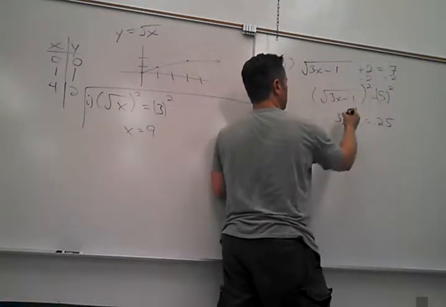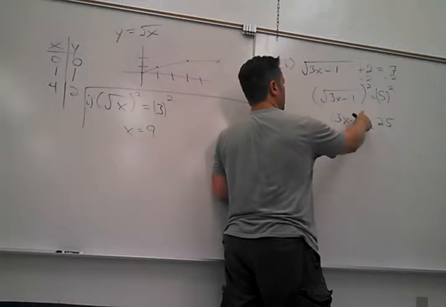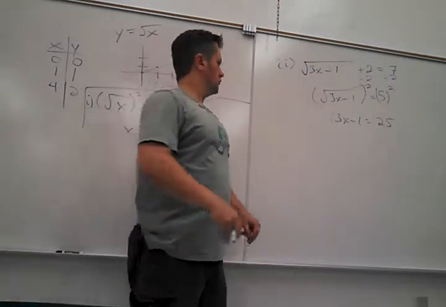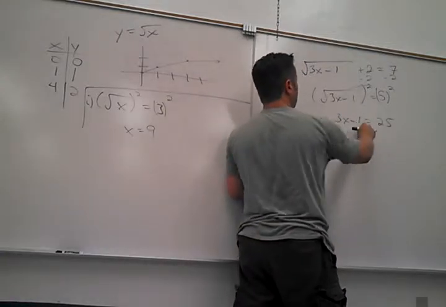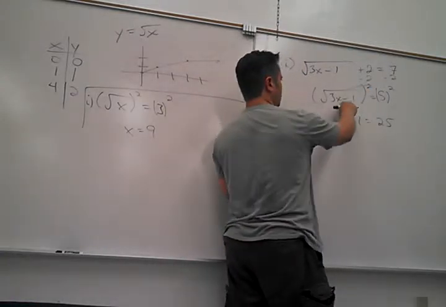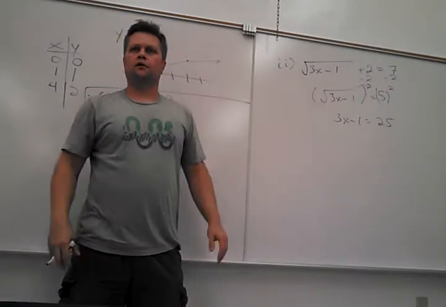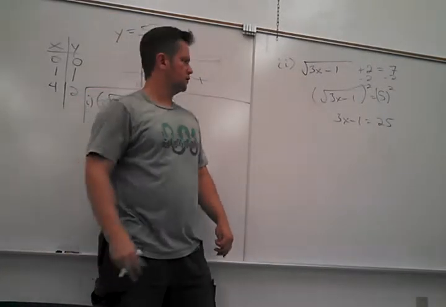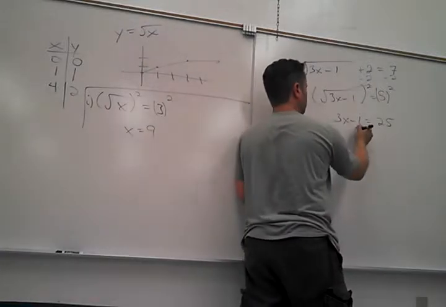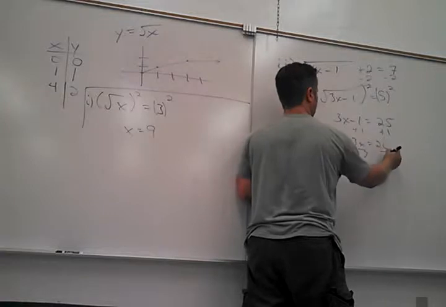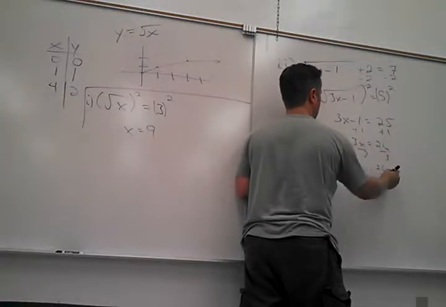For some reason, I always get somebody who does this and then they FOIL this thing out, but the square dies right there, right? Square died. Die for our freedom. Free this thing up. And then you just got to solve that equation. Be careful. Plus 1. Not every answer is going to be pretty.